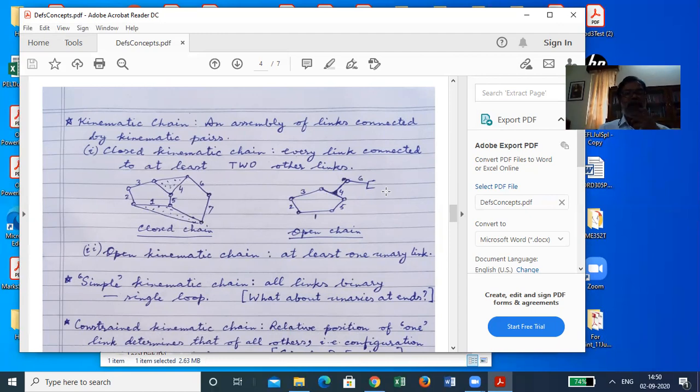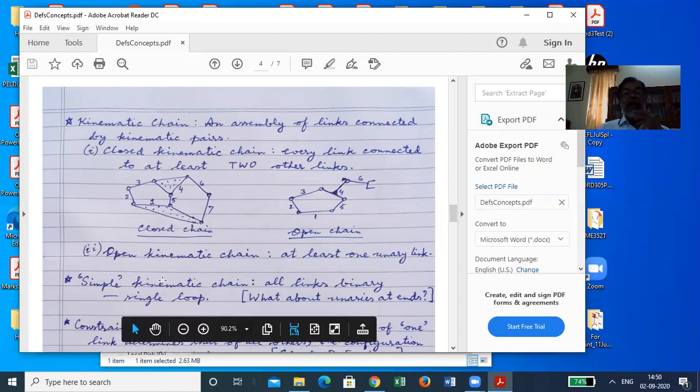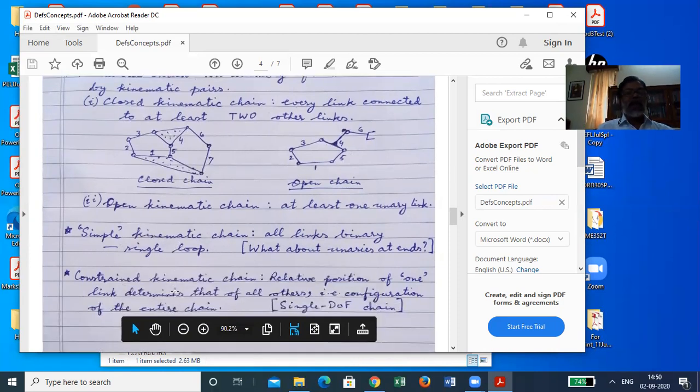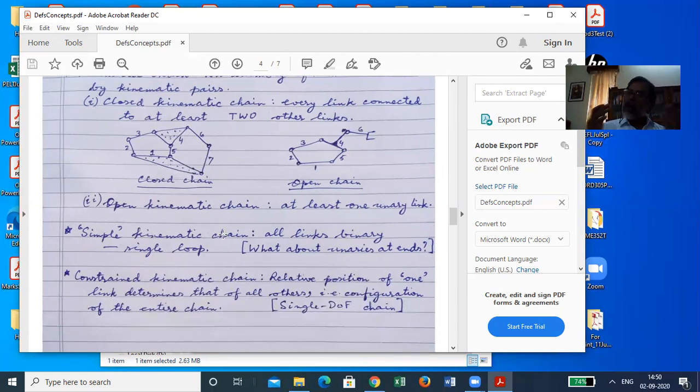So now this I consider this definition itself, open kinematic chain, no sorry, simple kinematic chain. In our time, actually there is no need to define something of that sort only in this sense. All links binary. You just say, I mean it's enough actually, all single loop mechanisms.